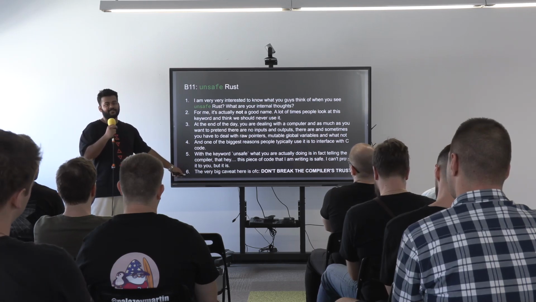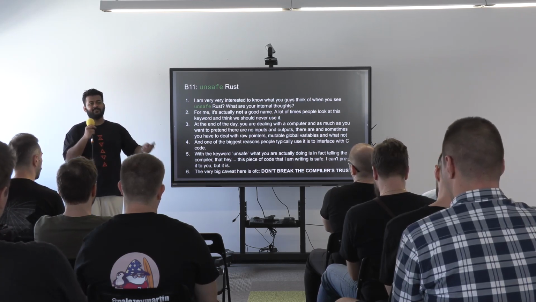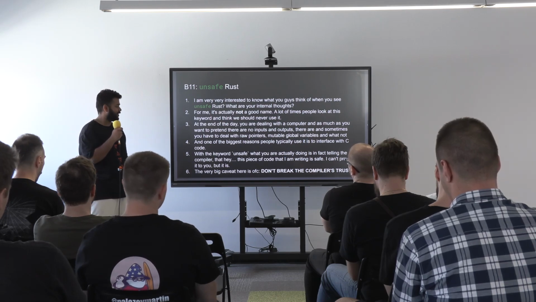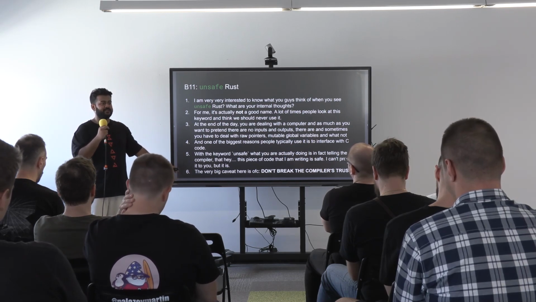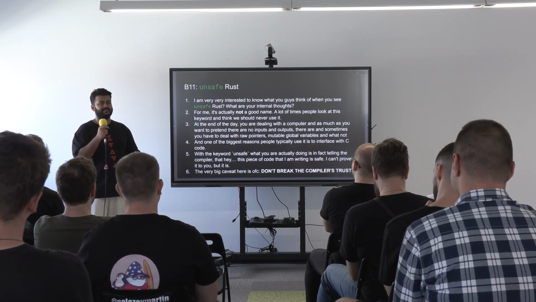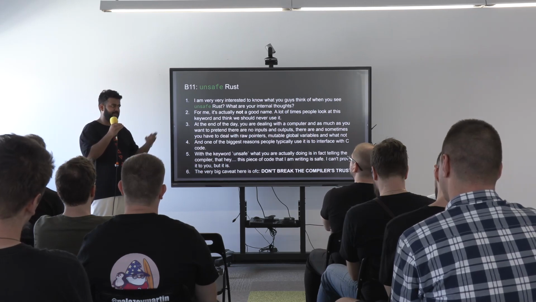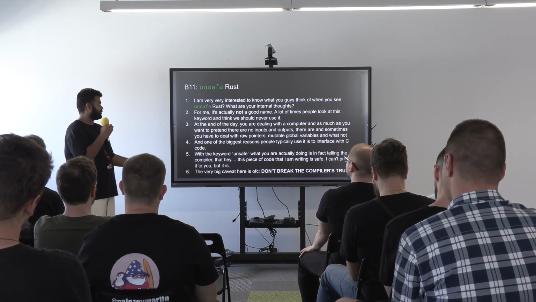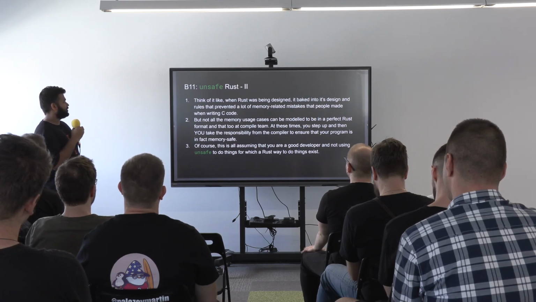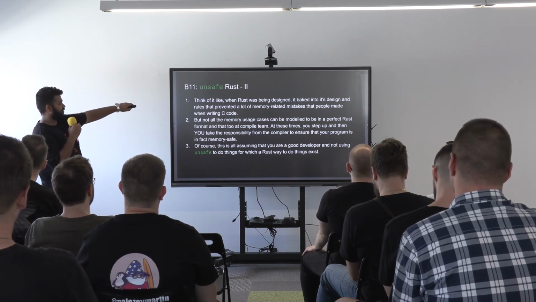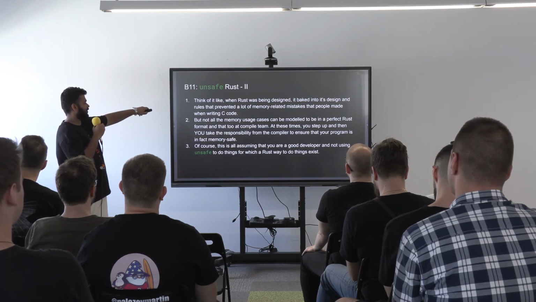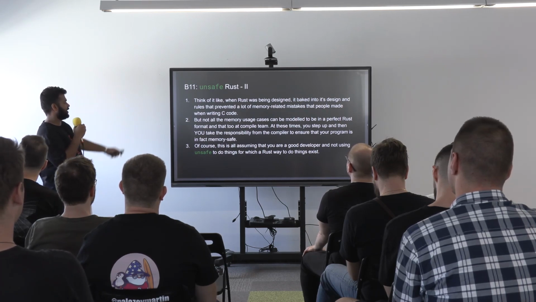Here, the compiler is trusting you that, hey, I'm letting you write your own spaghetti code, but don't do bad stuff. Like now multiple people can access the same memory, you can use memory after it's destroyed, stuff like that. Don't do bad things. When Rust was designed, it baked into its design rules that prevented a lot of memory-related mistakes that people made when writing C code.